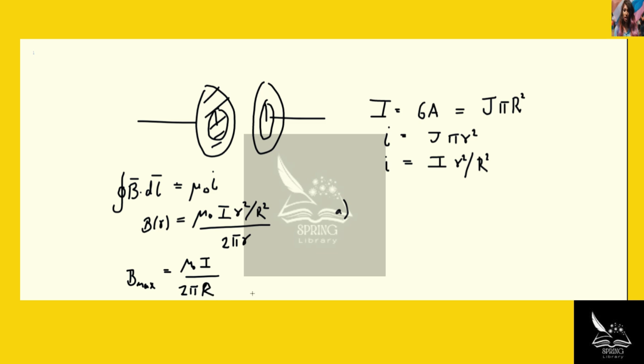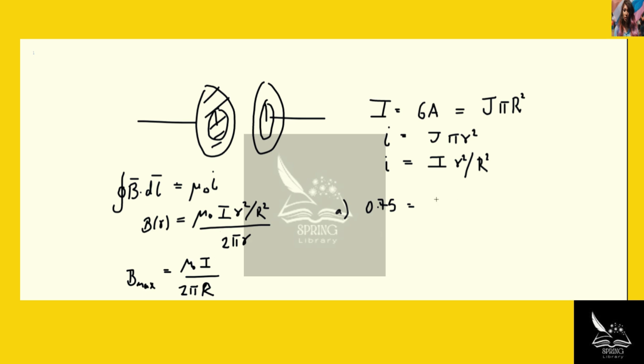We need to find the 75%. So 75% is 0.75. The ratio of these two is 0.75, and mu naught I gets cancelled out.